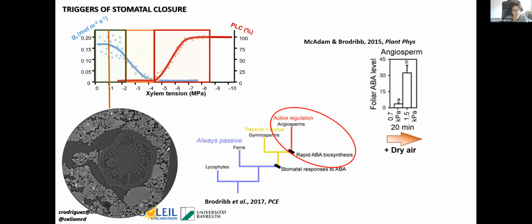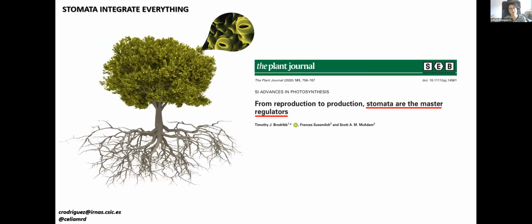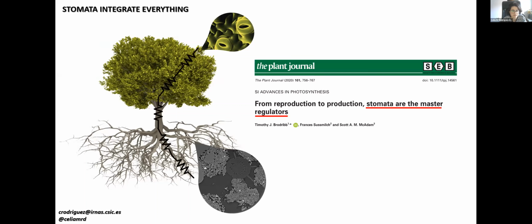So in the end, everything ends at the stomata, because they integrate everything. They connect the soil with the atmosphere. They regulate the water use and the productivity.